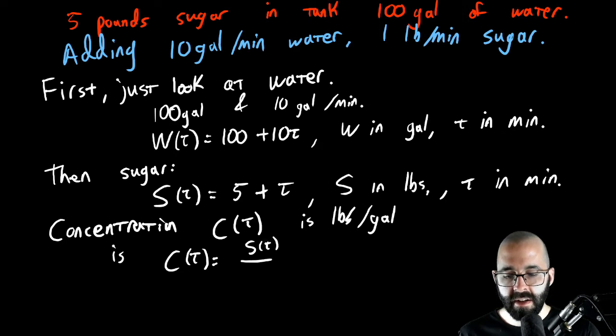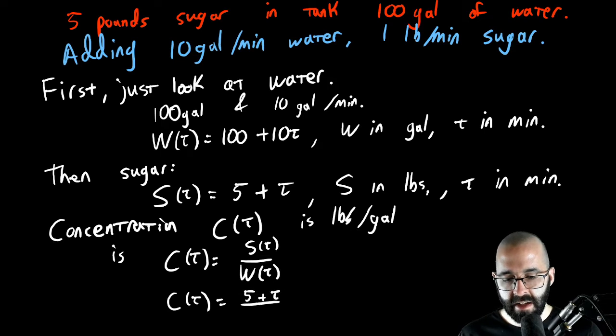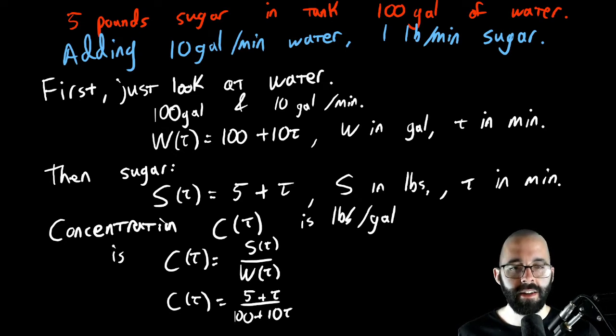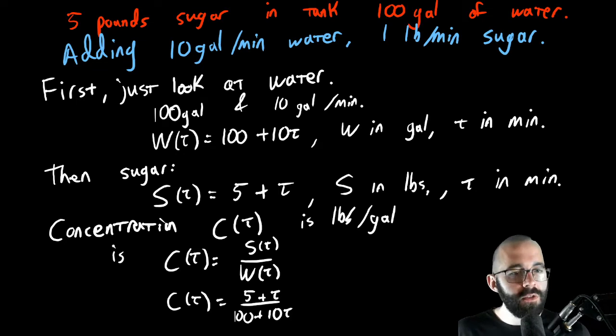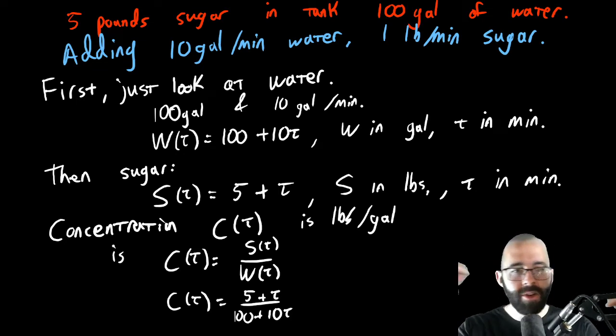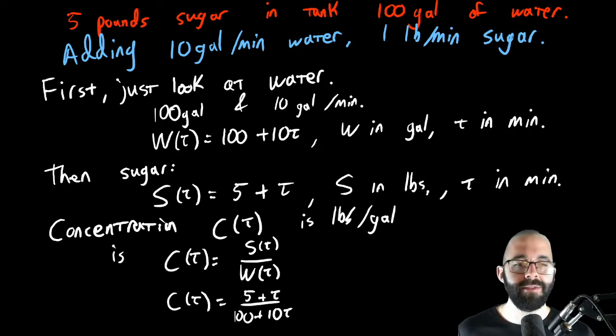It's S of t. What's water? It's W of t. So the concentration is just sugar, which we said was 5 plus t, divided by water, which is 100 plus 10t. This is our concentration formula. So a rational function just comes from us looking at two different polynomials and just comparing them.